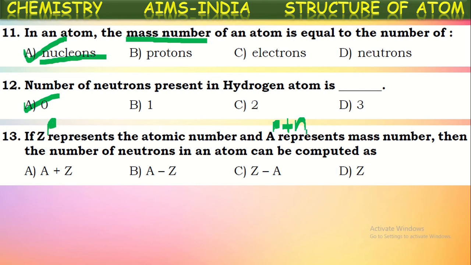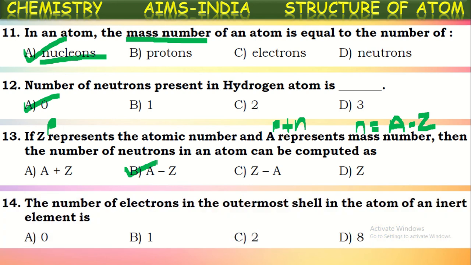If you know both of these, how can you calculate the number of neutrons? If you subtract the atomic number from the mass number, we get the number of neutrons. Number of neutrons is equal to mass number minus atomic number. Where is it mentioned here? This is it.